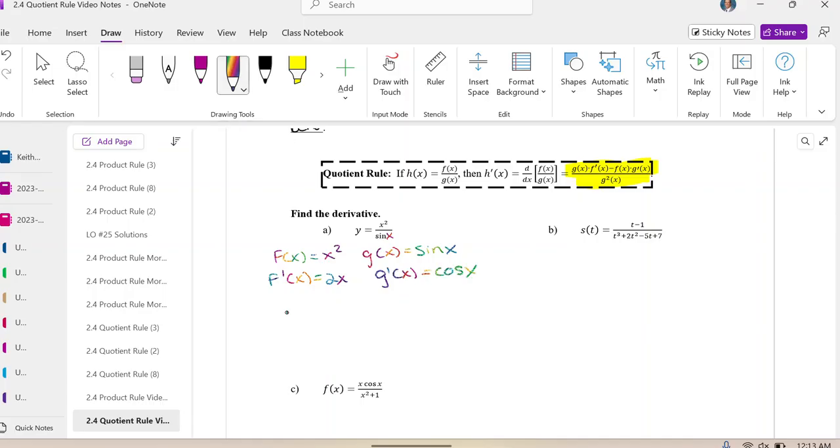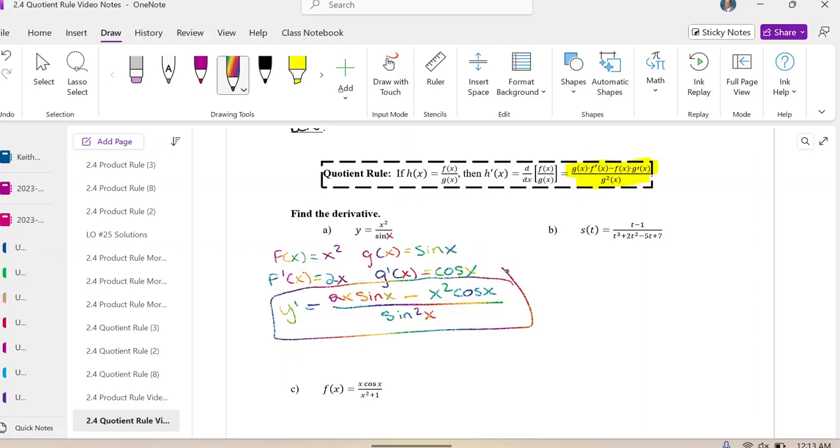When we apply the quotient rule, we get 2x times sine x, that's f prime g, minus g prime f, so it's x squared cosine x, all over the square of the denominator, which is sine squared. That is your derivative.